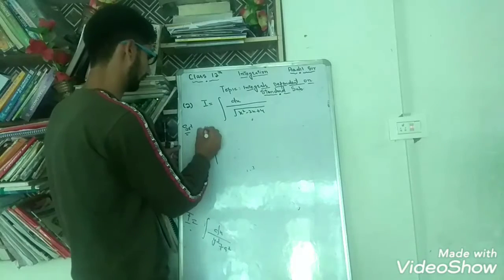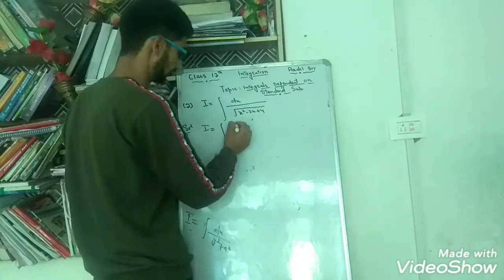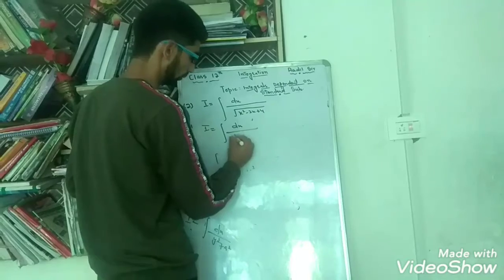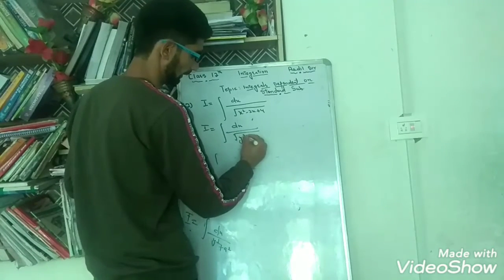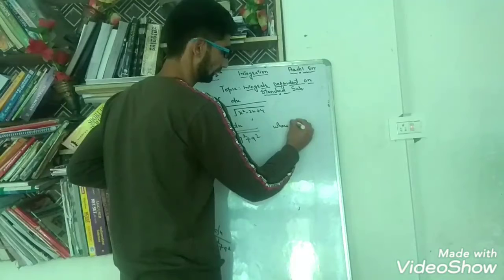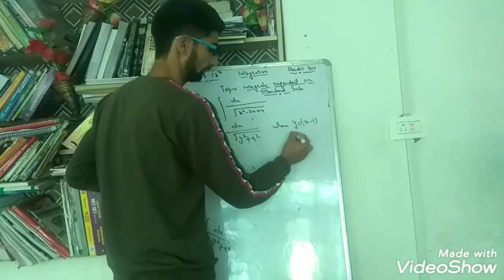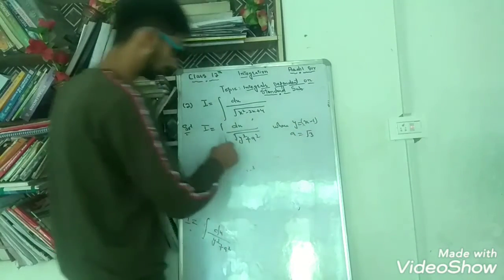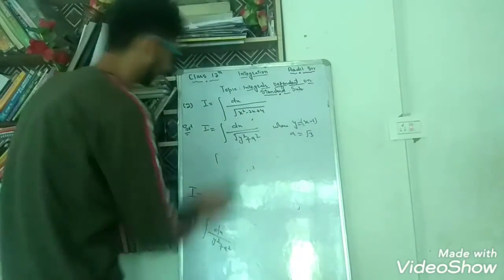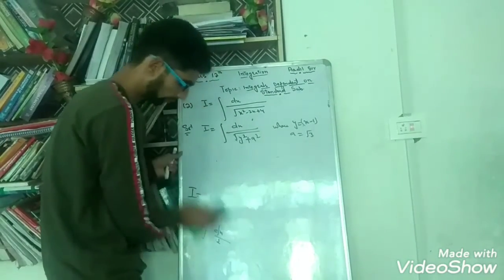We are getting I, beta, equal to the integral of dx divided by under root of y square plus a square, where y we have taken as x minus 1 and a we have under root 3. We know that this is our standard formula which we have proved already.